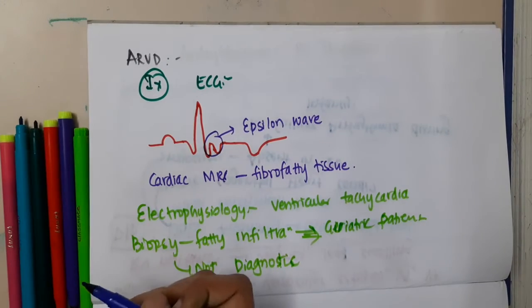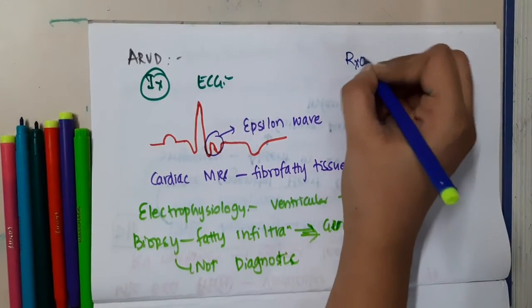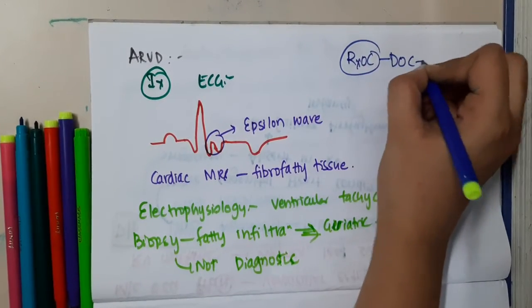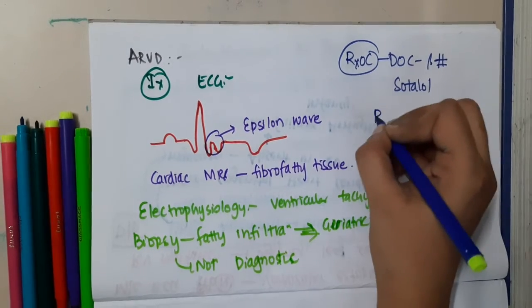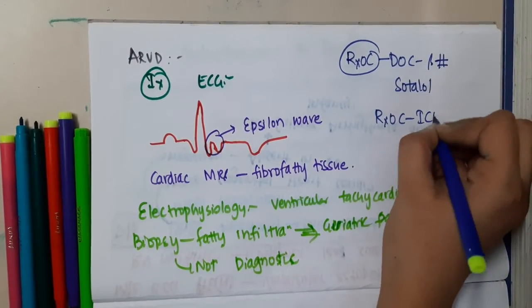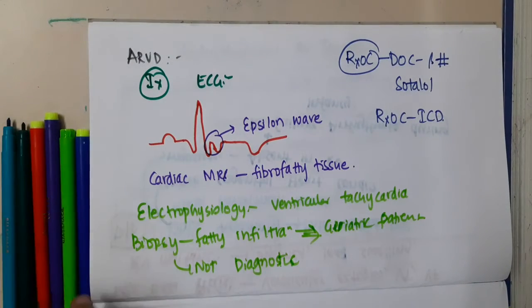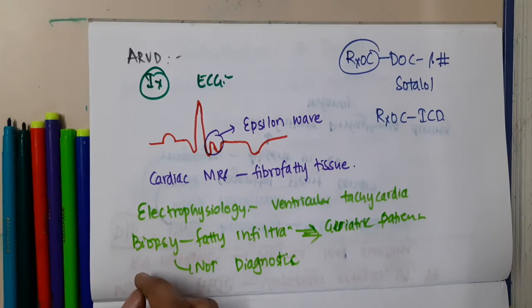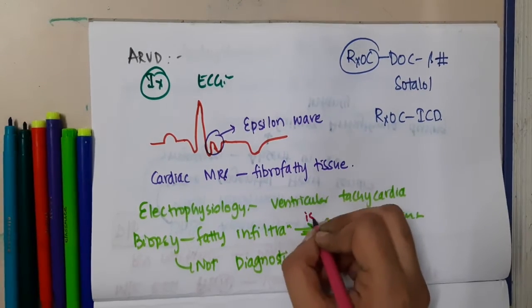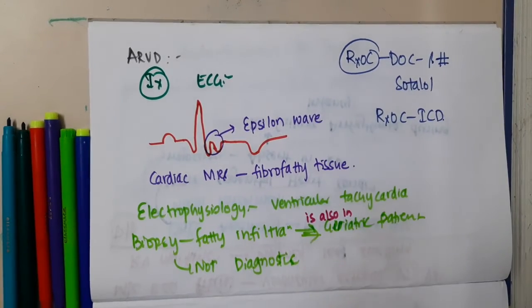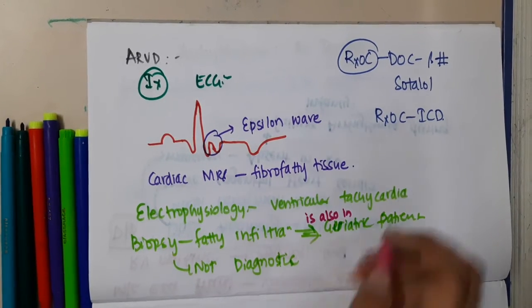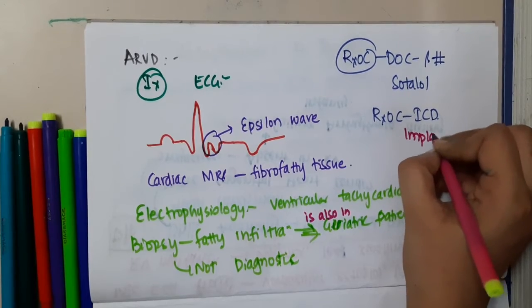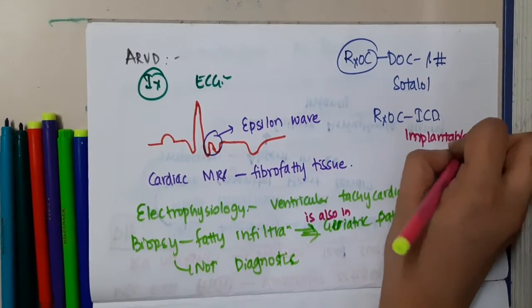Now for the treatment: the drug of choice is beta blockers, that is sotalol, whereas the treatment of choice is an implantable cardiac defibrillator.